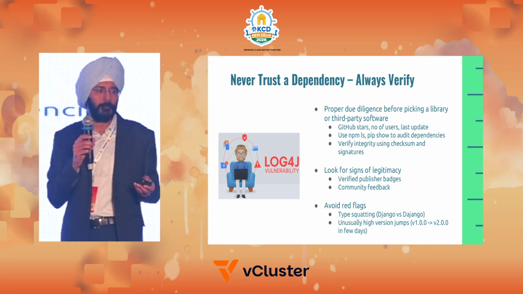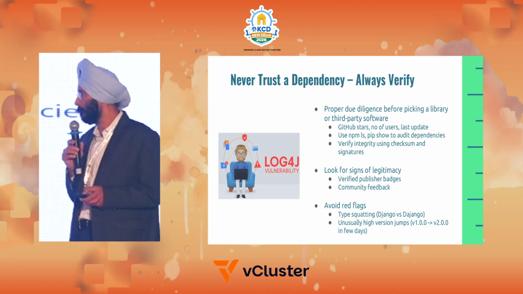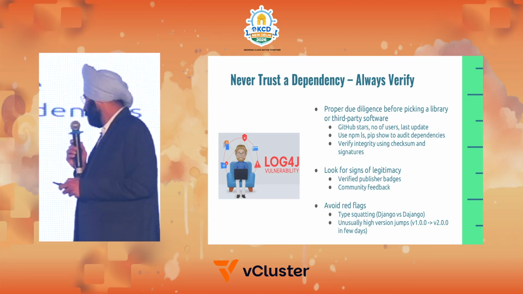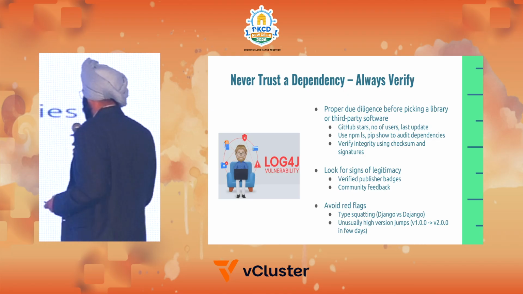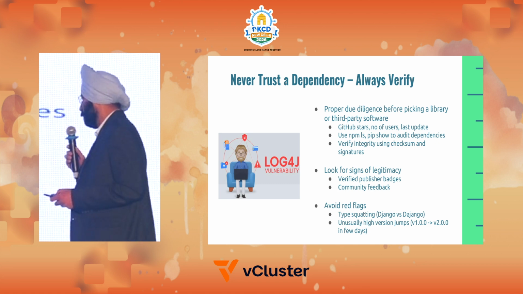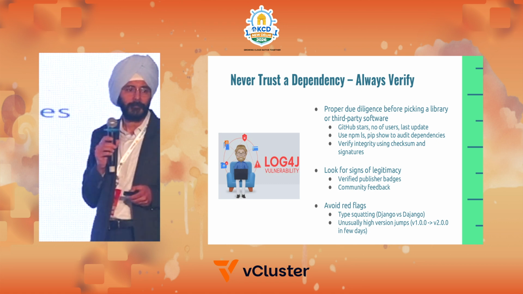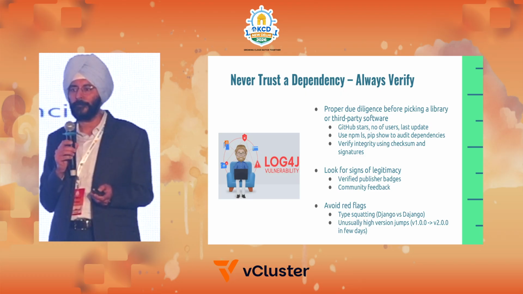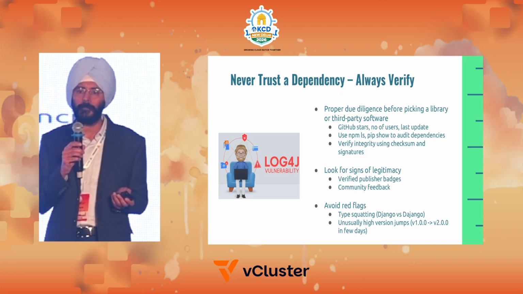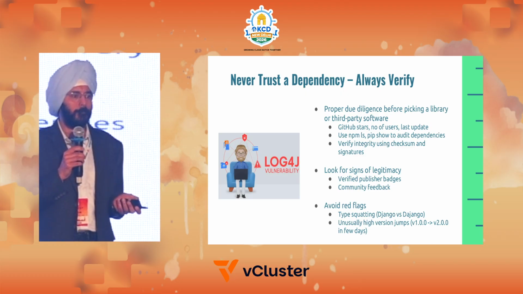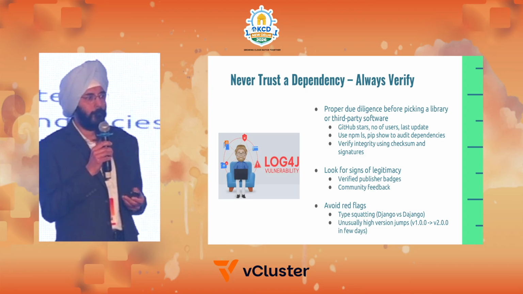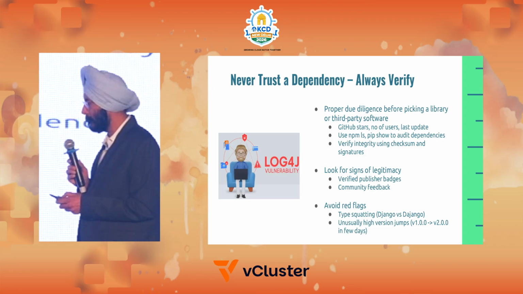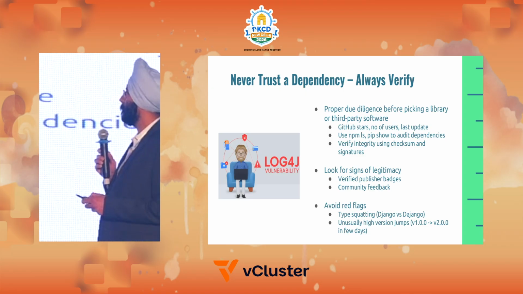What kind of community is it from which you are downloading the software? And typosquatting, as I was saying earlier, like Django and Djanga, is a very interesting trick which people are using. And if there are some high version jumps, that could again be a red flag for you. So be cautious while you're picking up open source software or any third party for that matter.